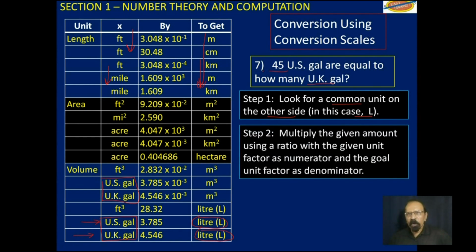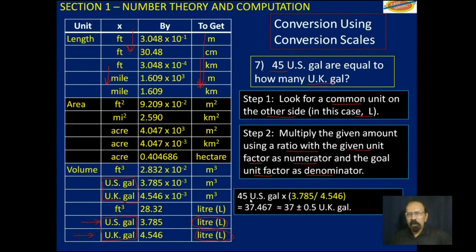And then we will multiply the given amount using a ratio with the given unit factor as the numerator and the goal unit factor as the denominator. So let me explain that. 45 US gallon, this is the conversion factor to liter. That's the numerator. And this is the conversion factor of liter and UK gallon, so that we set up a ratio of the US gallon to the UK gallon.